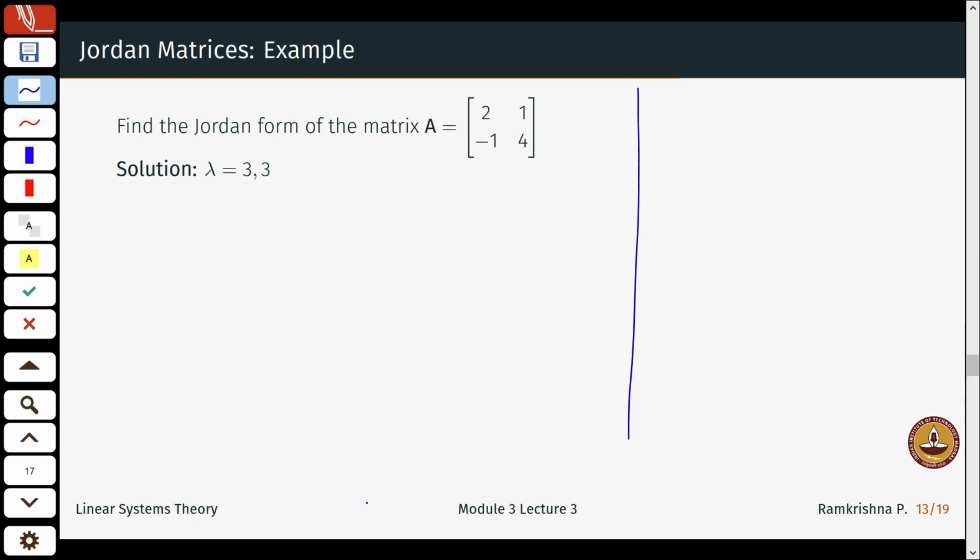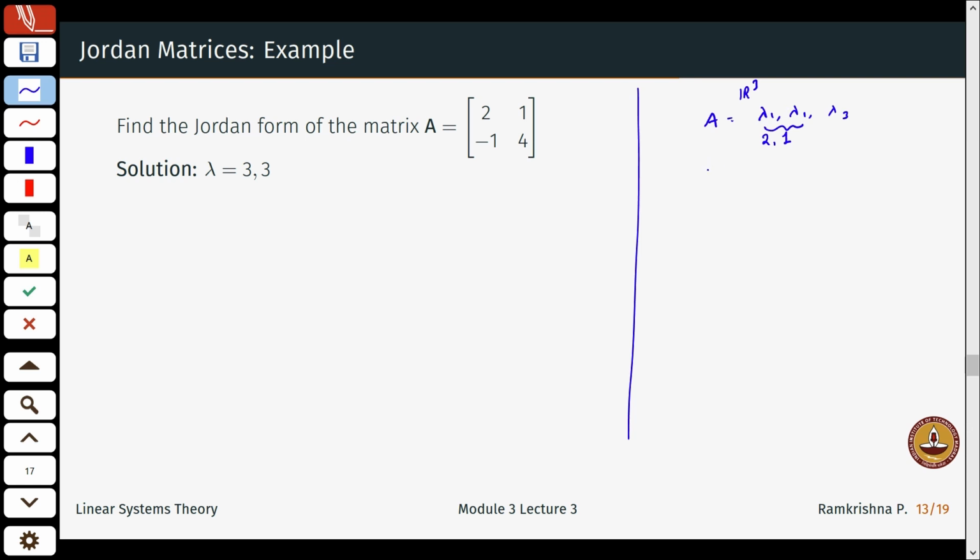For illustration it is easier to work in R3, and I have a matrix A which has the eigenvalues lambda 1 and lambda 3, and let us assume that lambda 1 has a geometric multiplicity of 1 and an algebraic multiplicity of 2. So, the 2 is clear. Now, what do I know?